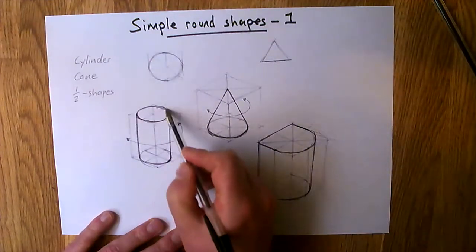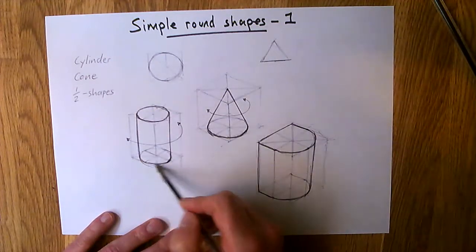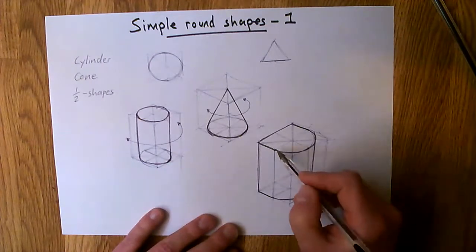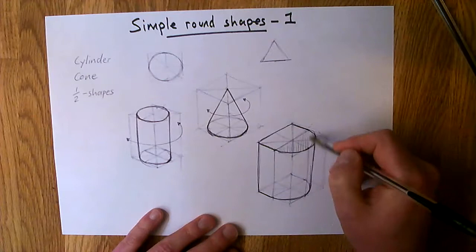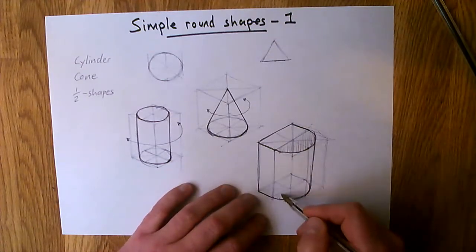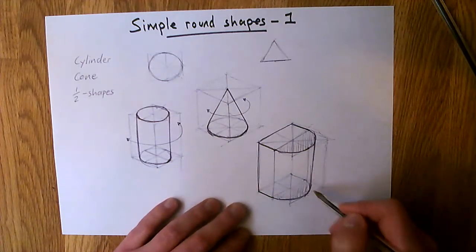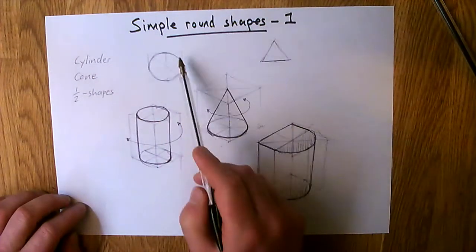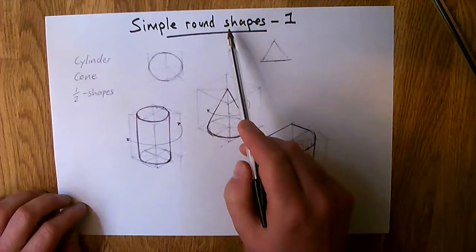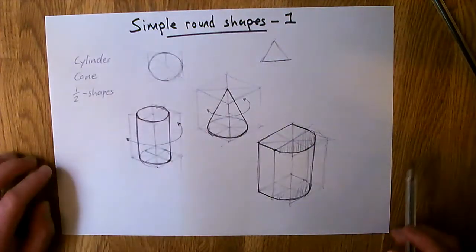So this was a cylinder constructed from a full circle, prisming down to another circle, but in this case, we've only drawn a semicircle. There's a semicircle in here, and that's prisming down to another semicircle on the base as well. And this is again how we can turn squares and circles and curves into complex, or rather simple, round shapes.